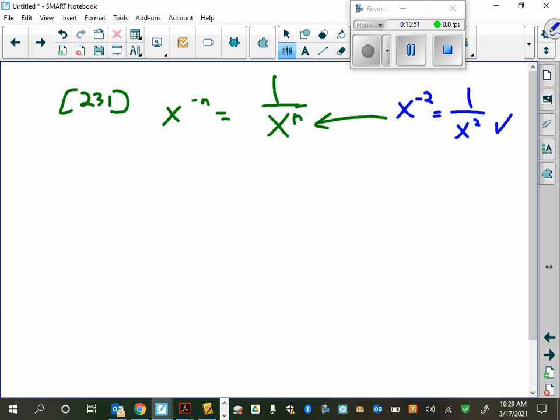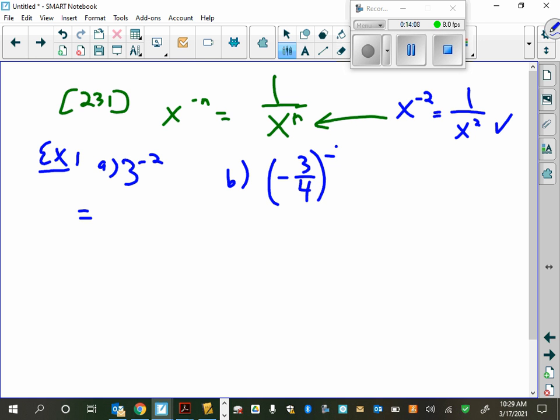So together, we're going to do this one. This is example 1. In fact, you can do that one because we did that yesterday. Fraction, decimal, and a denominator.